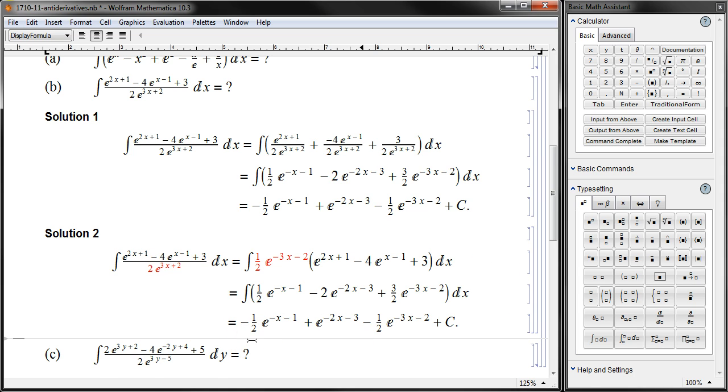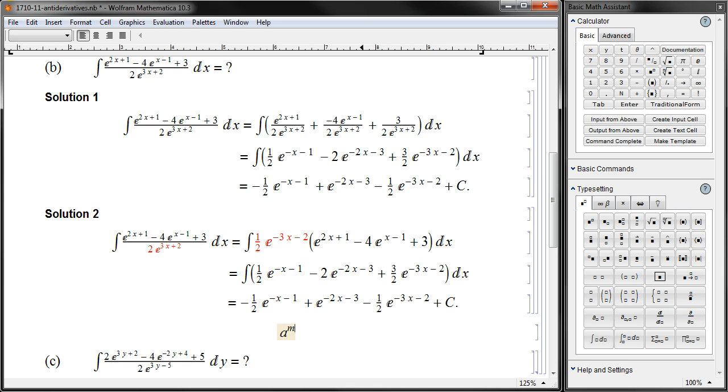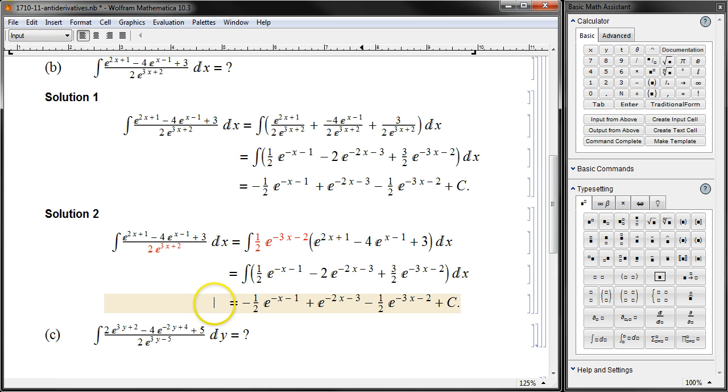We're using this rule this time, a to the m power times a to the n power is a to the m plus n power. So from the second step to the third step, the computation is actually a little bit easier than the previous method. Same problem, just two different methods.